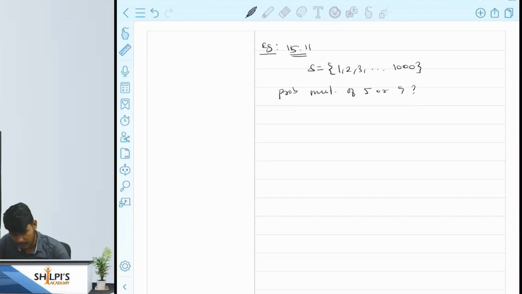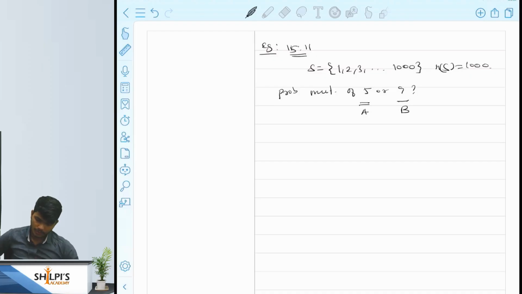For this question, from S I can write n of S, and here also I have two events, and I want to confirm whether A and B are mutually exclusive. If these events are mutually exclusive, we can apply the addition theorem, or else we will have another formula.